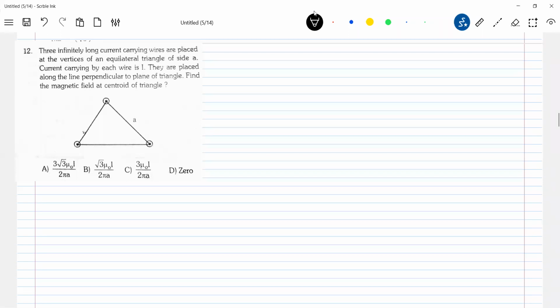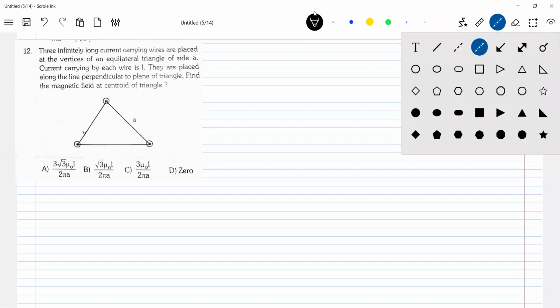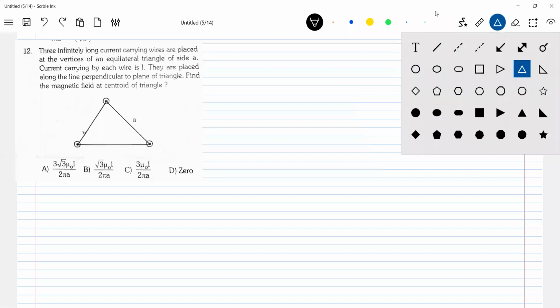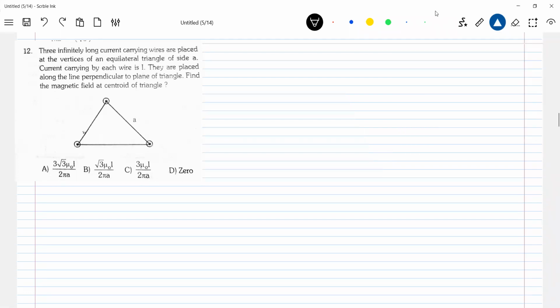Take help of the lines of force. I'll draw the thing.